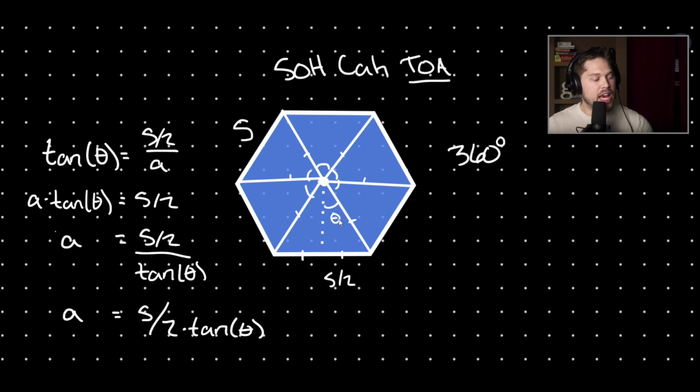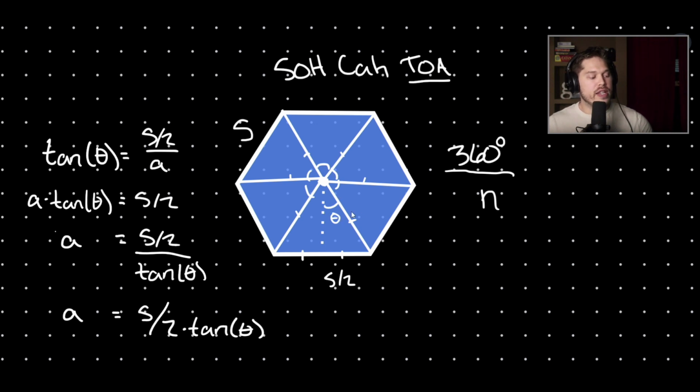Well, theta is half the value of one of these triangles. So we're going to take 360 degrees and we're going to divide it by the number of triangles that we have. And like we talked about a minute ago, the number of triangles we have is equal to the number of sides of our regular polygon. So we're going to divide this by n. And that will tell us the angle measure for the top portion of one of our isosceles triangles.